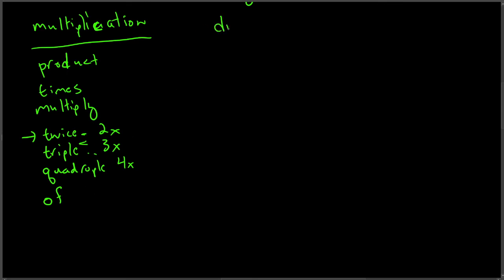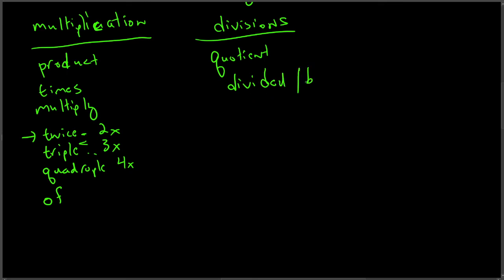And then division has its own words that come about when we're trying to describe what we're doing to something. We'll hear it called the quotient. We'll say divided by. Divided or divided by, both are the same. We could say shared equally among. Right?